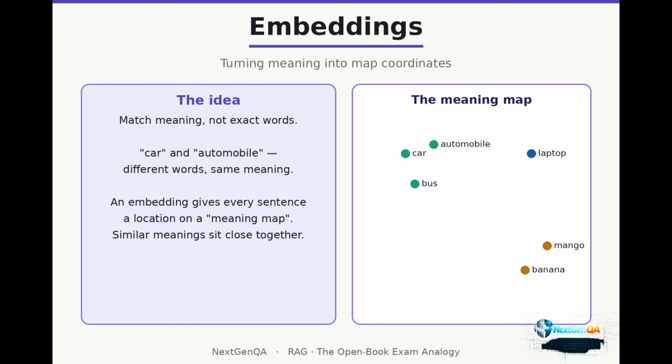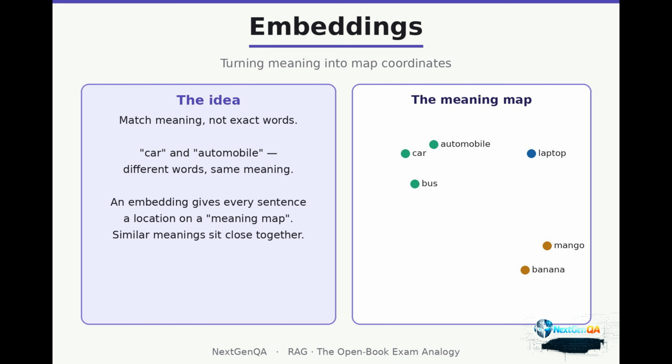Sentences that mean similar things get coordinates that are close together on the map. Car and automobile land right next to each other. Car and banana land very far apart. A simpler picture. Imagine a giant library where books are not arranged alphabetically, but by topic and meaning.